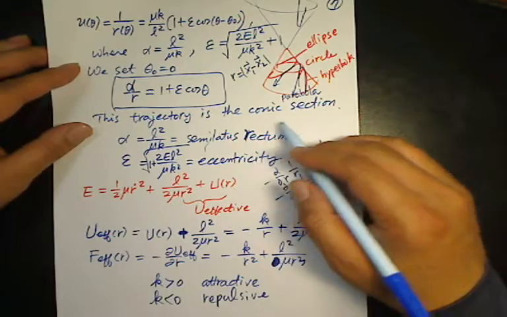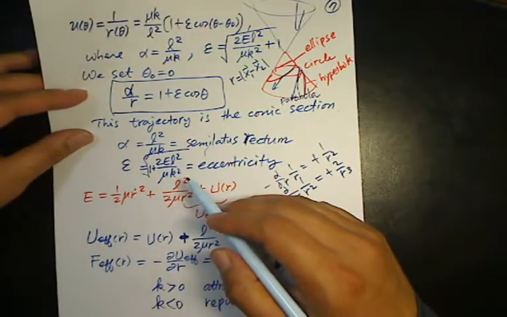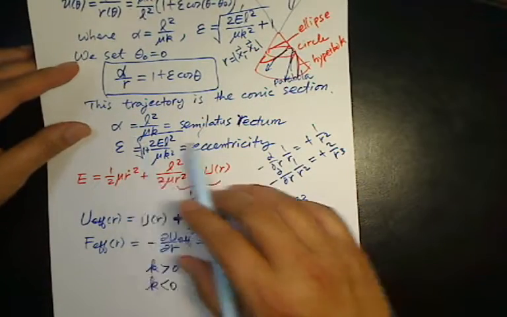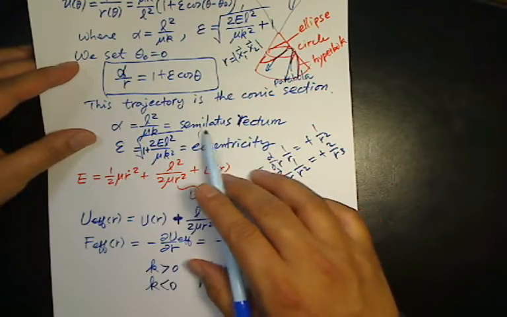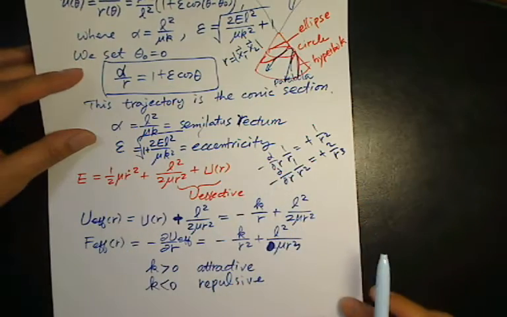The trajectory is the conic section in this form, and alpha is called the semi-latus rectum, and epsilon is the eccentricity.